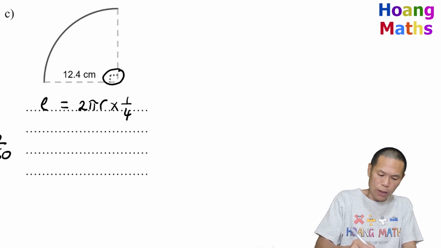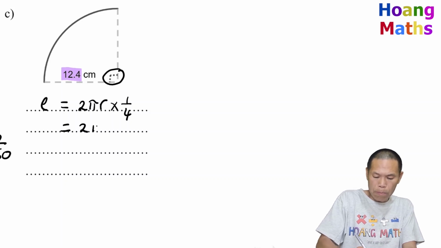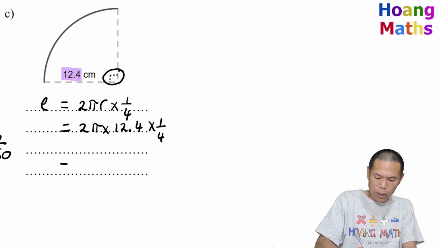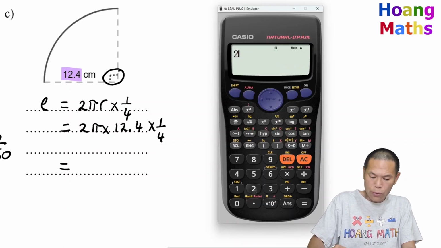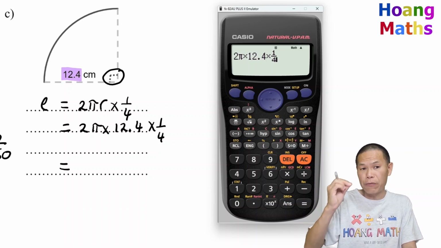That's all. The radius in this case is 12.4. So that is equal to 2 pi times 12.4, and we times by a quarter. So 2 shift pi times 12.4 and we times 1 over 4, or you can type divided by 4.